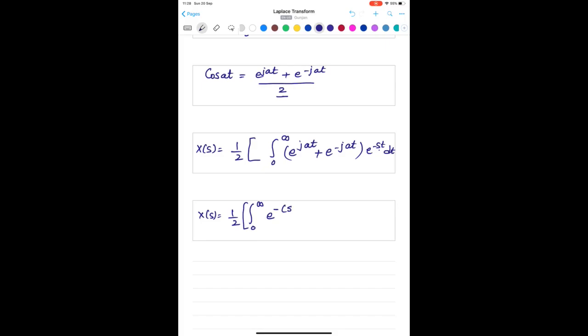Whatever you have in multiplication with s, you have to take that common. So I have taken minus 1 common. So it will be s minus j a, t will come outside, and then plus e raised to the power minus s plus j a t, and dt.